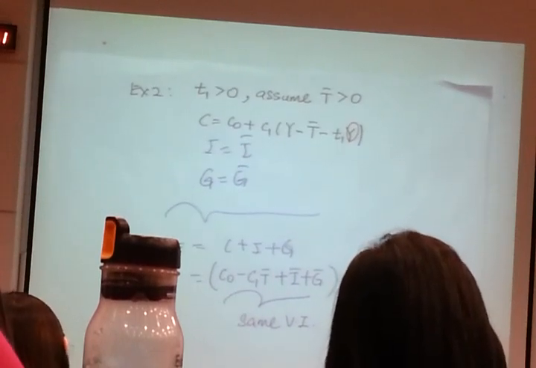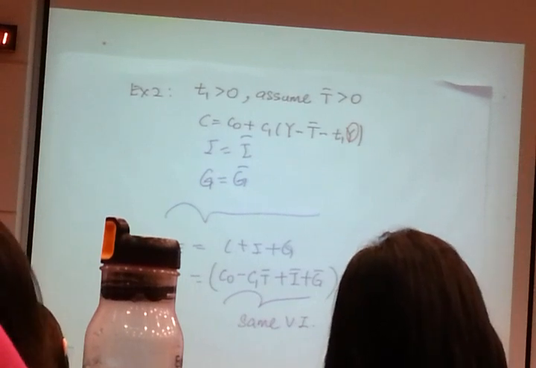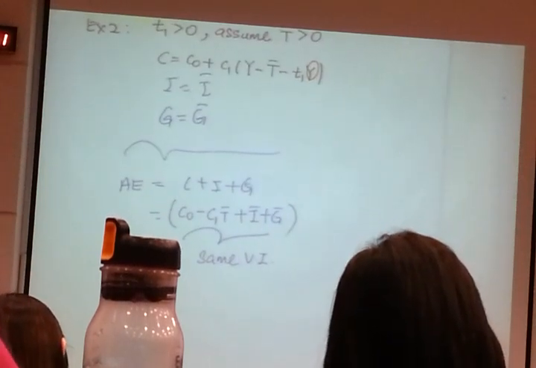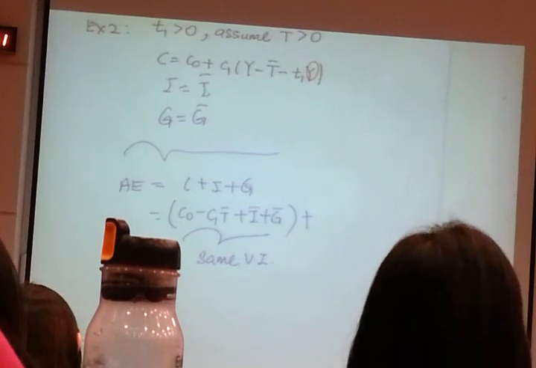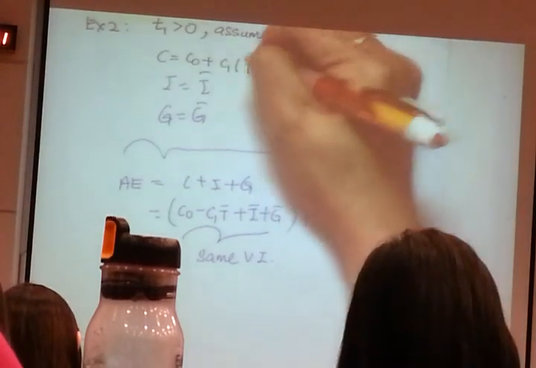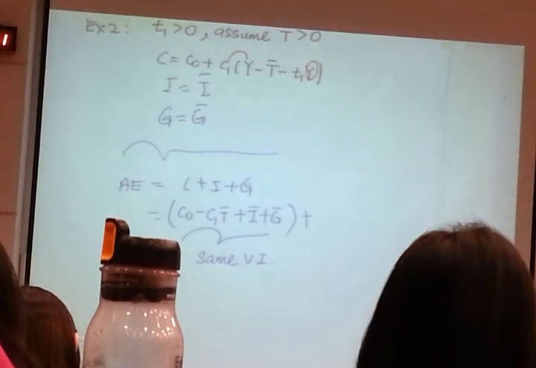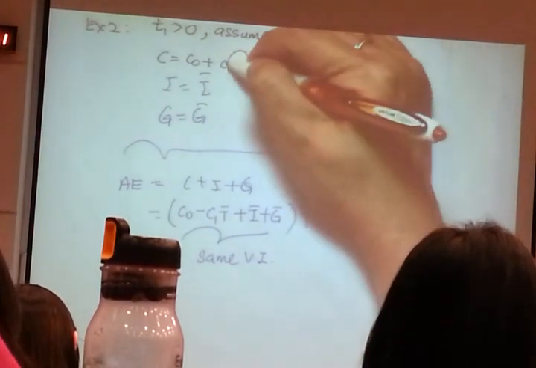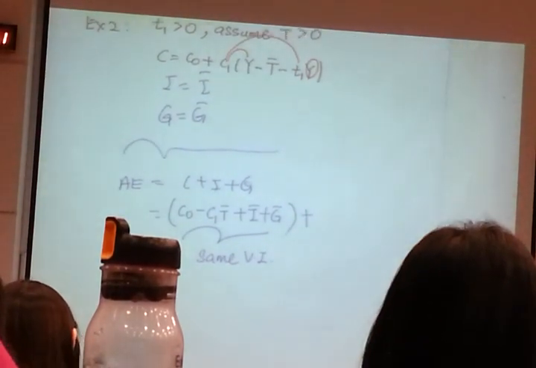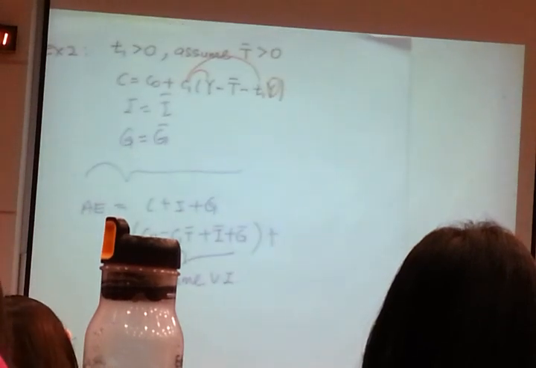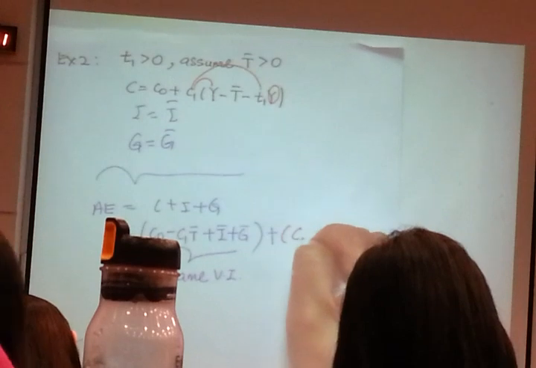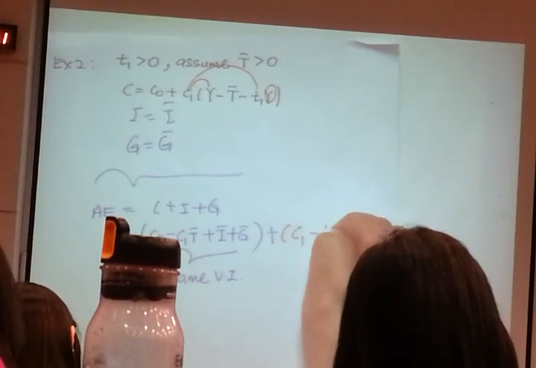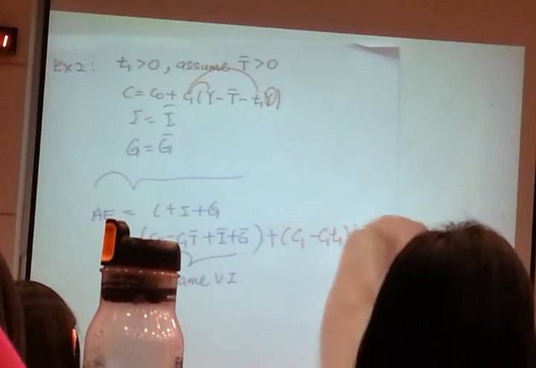So if you impose proportional tax, it doesn't affect the intercept of AE. But now if you look at the slope, you must be very, very careful. It will be C1Y, and C1T1Y. That is why the examiner likes to test this concept. So it will become C1 minus C1T1Y.